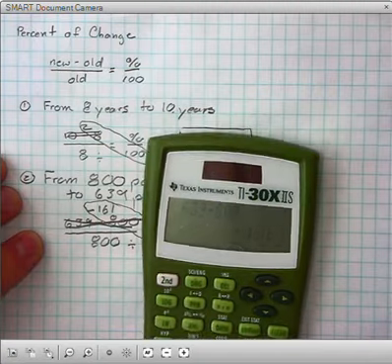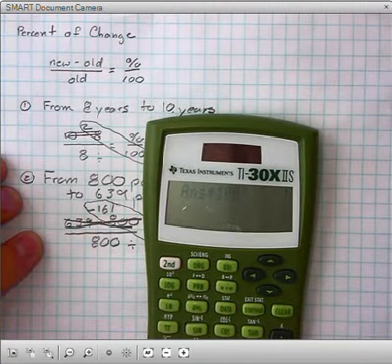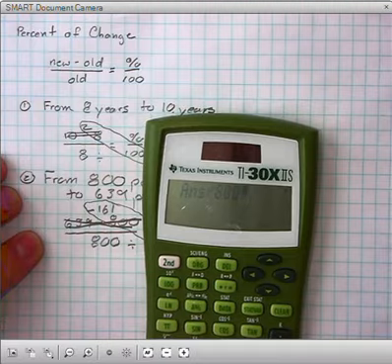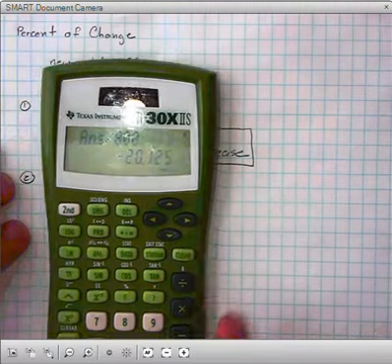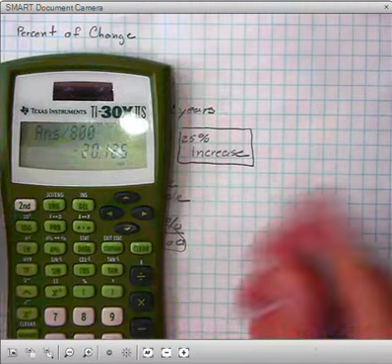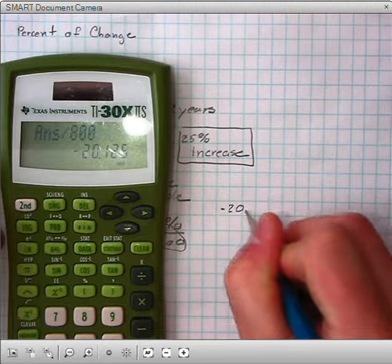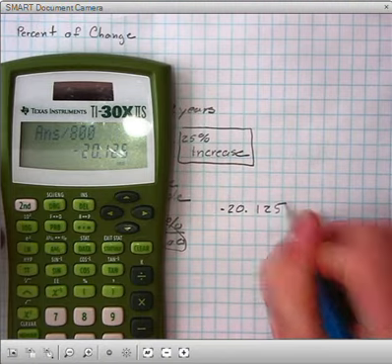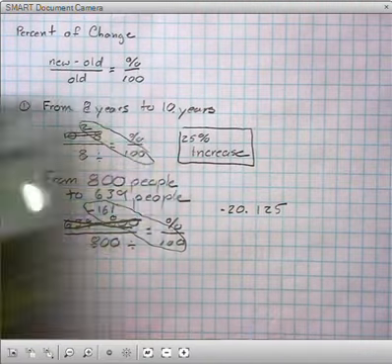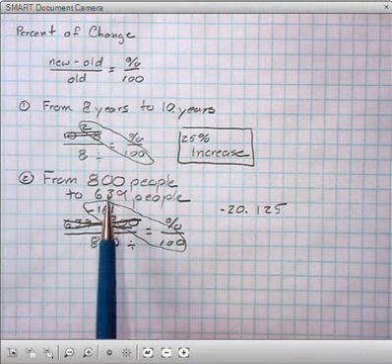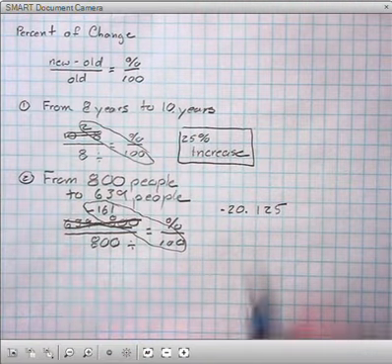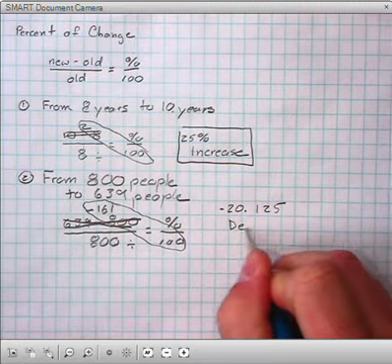So we'll do that negative 161 times 100. Divide that by 800. And that gives you that decimal right there, which is negative 20.125. Is that an increase or is that a decrease? From 800 to 600. Yeah, that would definitely be a decrease.